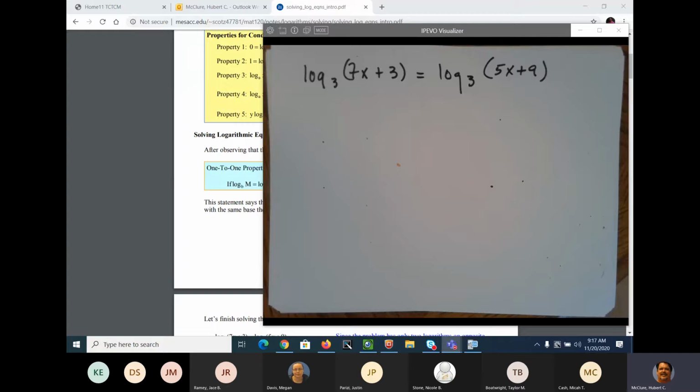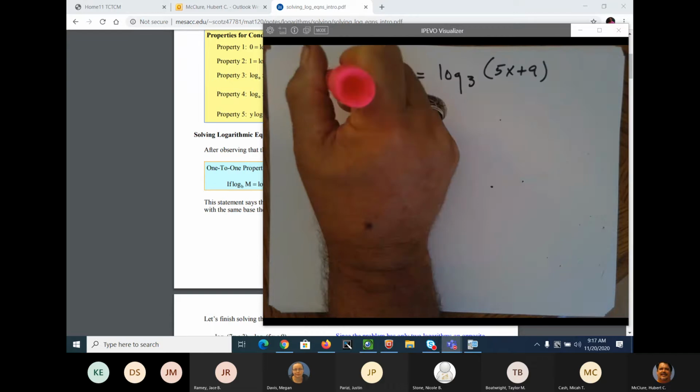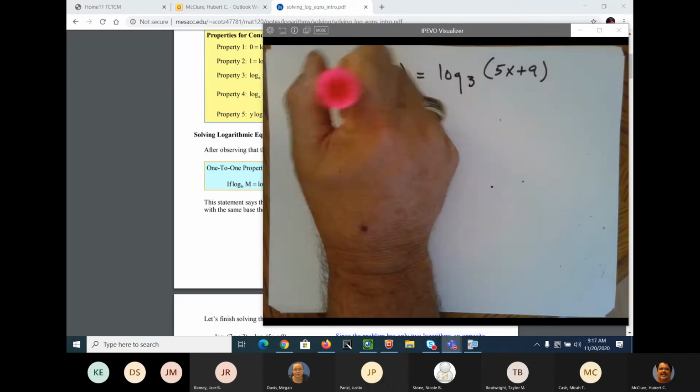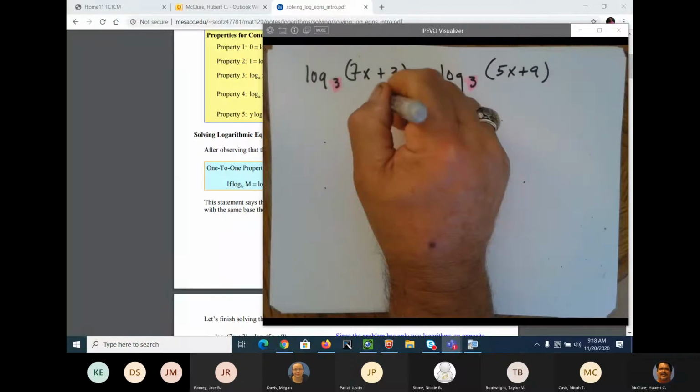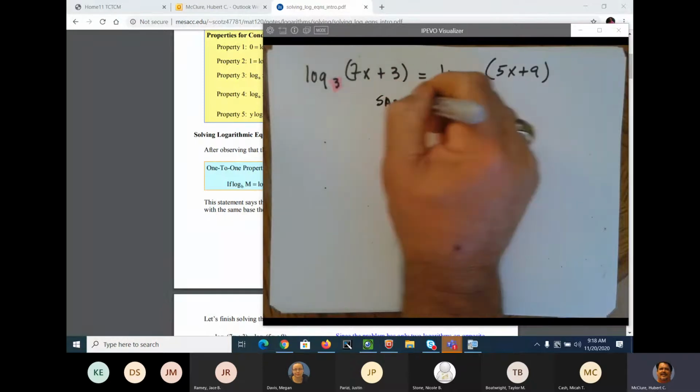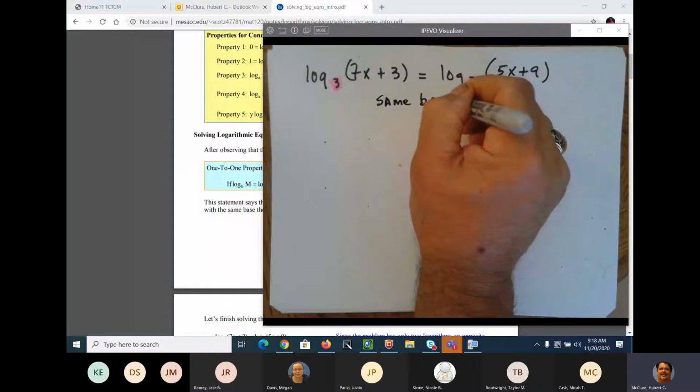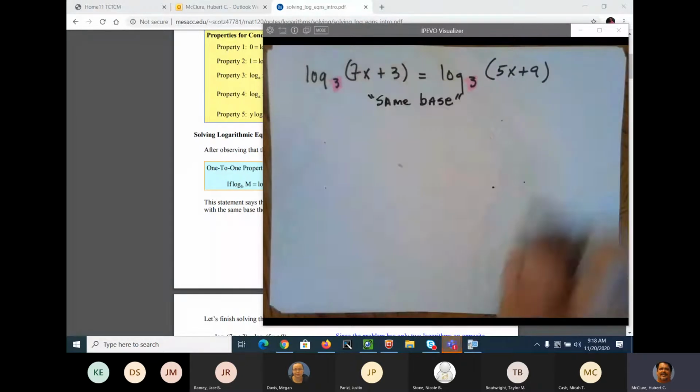Well, what does each side have in common? The same what? Same base, Hubert. That's right. If you have two logarithms with the same base, what can you do with the equation?